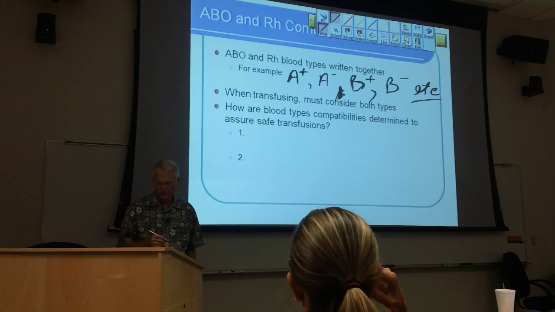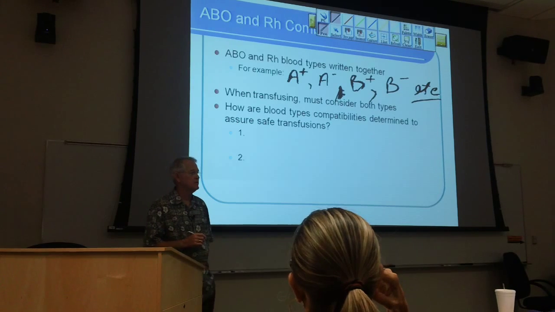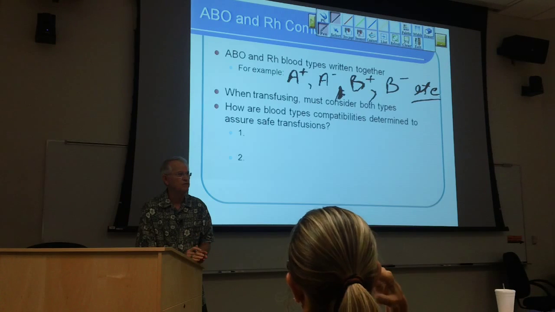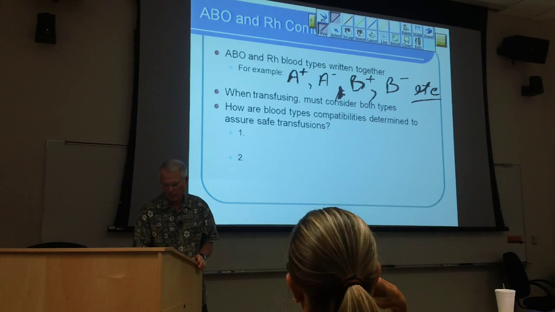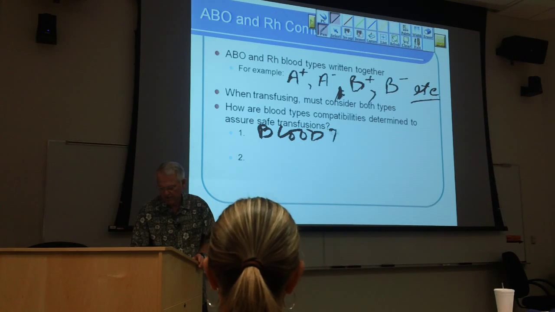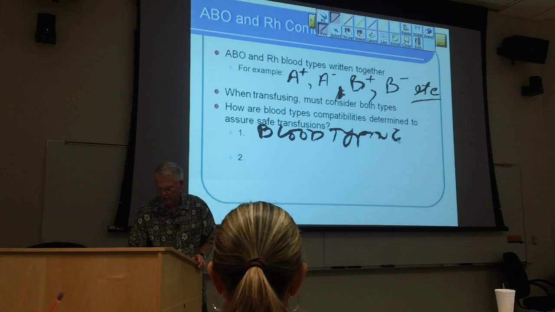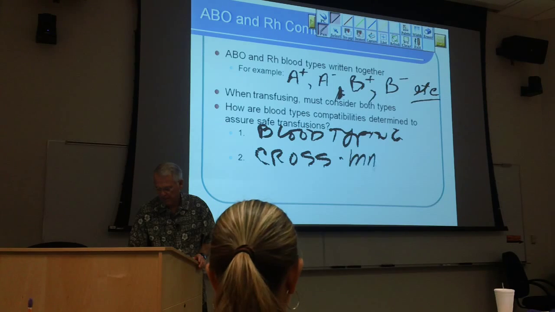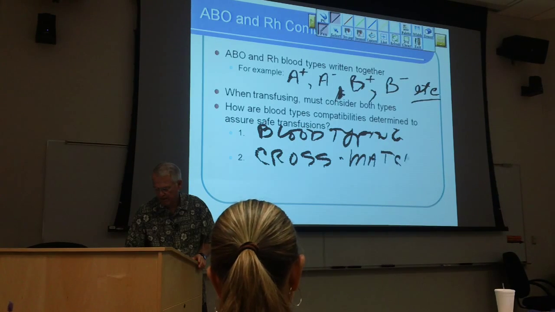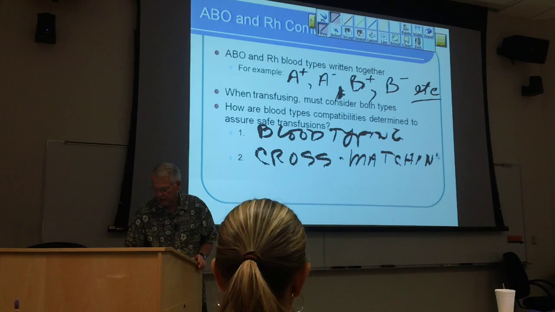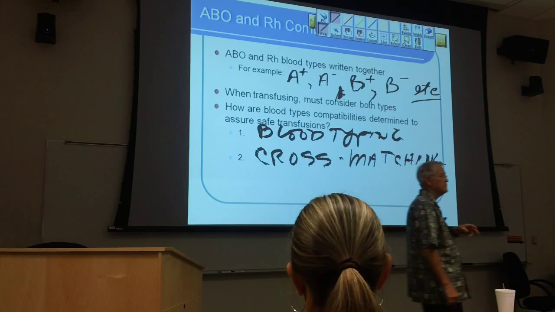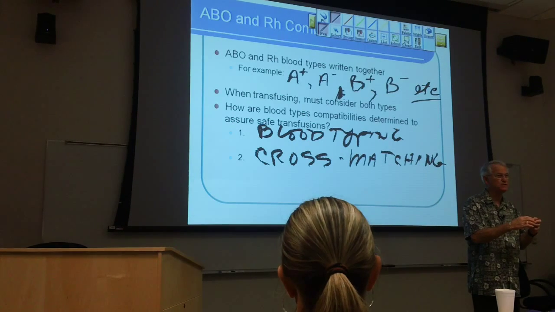When transfusing, you must consider the types. And how are blood types and the safety of a transfusion determined? One is by blood typing. Quite often they do what is called cross-matching. In cross-matching, you would introduce the RBCs of the donor into the recipient's plasma.